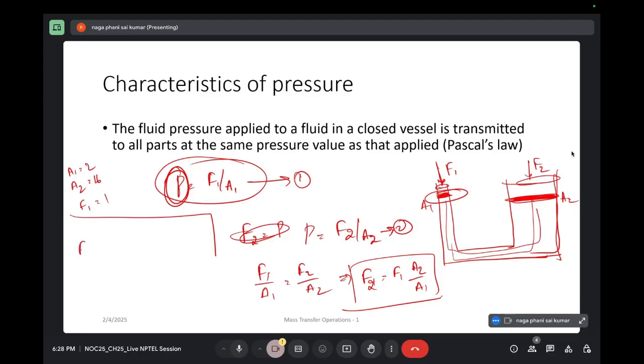F2 is equal to F1 into A2 by A1. Now F1 is 1 and A2 is 16 by A1 is 2. If you cancel out, it will be 8 newtons. So you are only using 1 newton of force to produce a force of around 8 newtons. The same principle is used in a hydraulic press to generate larger forces using small forces.